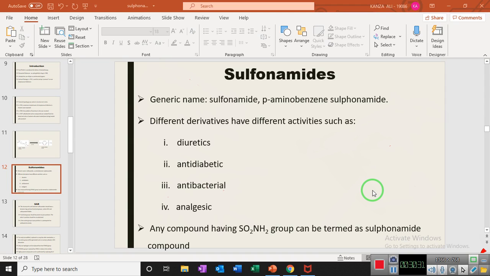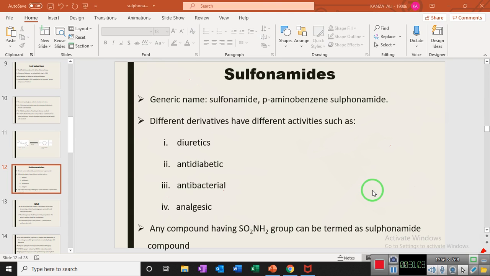What does it mean? The pain impulse is generated and conducted by the nerve to the central nervous system, but this message is not translated, or the perception of the pain is inhibited, and hence we have the analgesic effect.